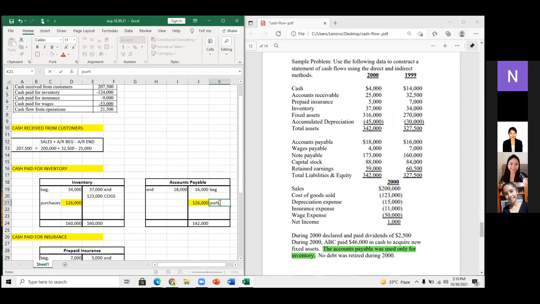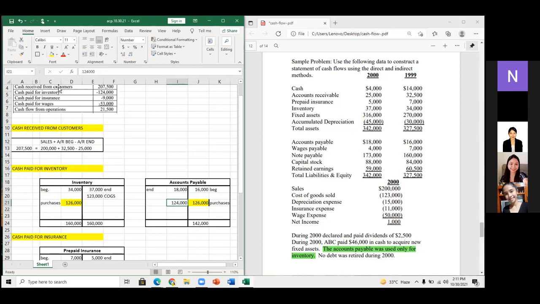Ngayon, ang hinahanap natin dito yung payment natin, yung naging cash outflow natin that time. Para makuha yon, yung 142,000, ililess natin yung 18,000 na ending. Kaya ang makukuha natin is 124,000. Ito yung binayaran na natin mismo.